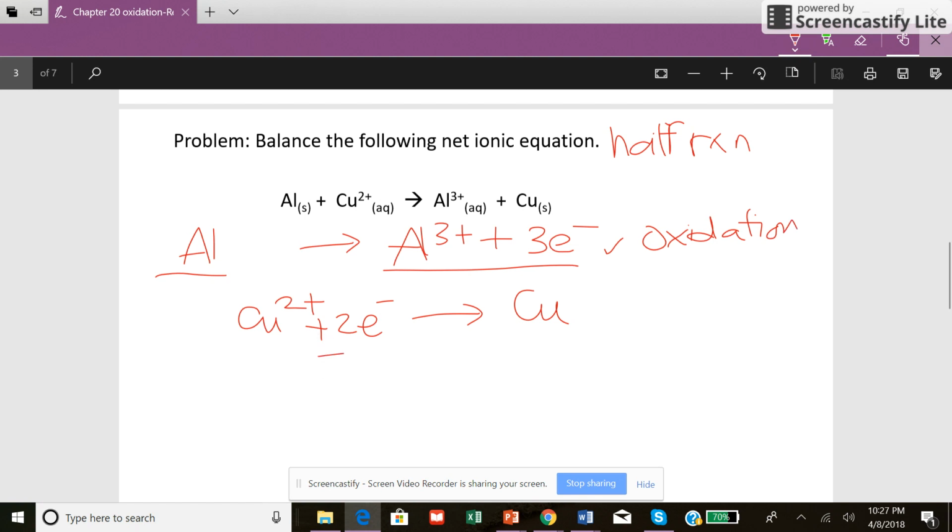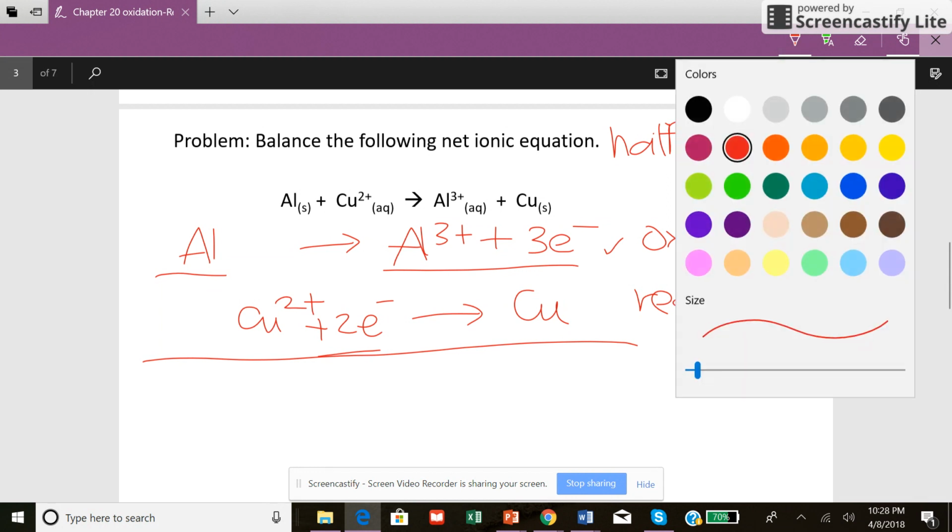For the copper, because copper gained the electrons and the charge of copper decreased from 2 positive to 0, this is called the reduction reaction.